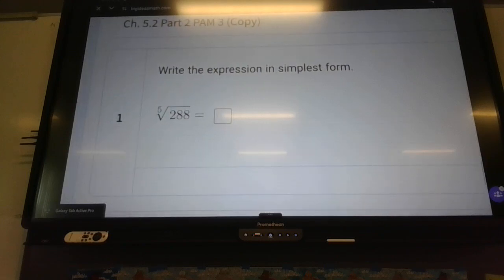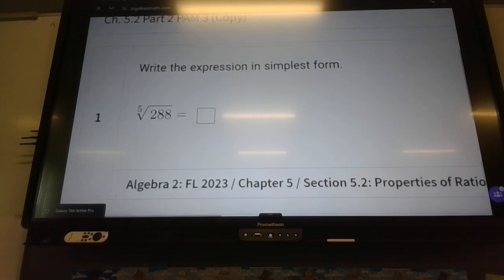All right, let's look at the 4th root of 288. Did I say 4 or 5? Okay, well, I have my list of numbers to the 5th power here. 288 is not in it. 243 is, and so is 32, and so is 1. So if I have to simplify this, I'm wondering, does 288 divide by 32?